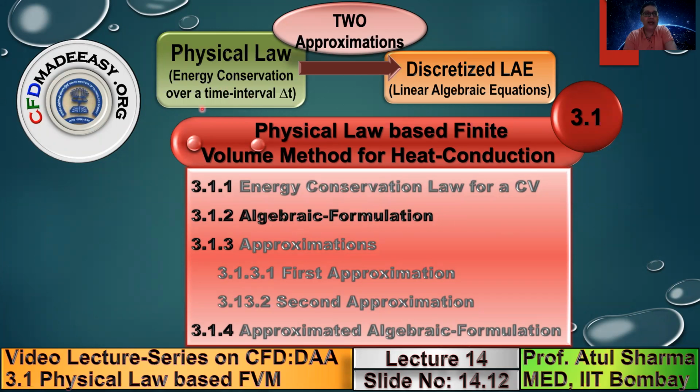Note that here we are starting with the physical law, as compared to all the other books in CFD which start with the differential equation. This finite volume method starts with the same picture you have used in your undergraduate course, and we apply this energy conservation law over a time interval. We will use two different approximations and derive the linear algebraic equations.